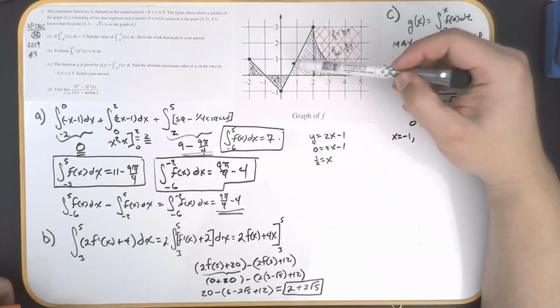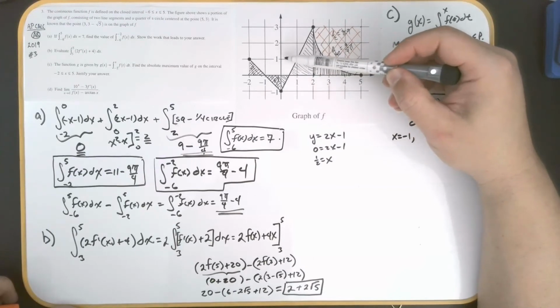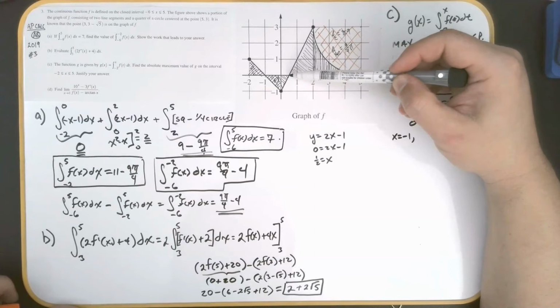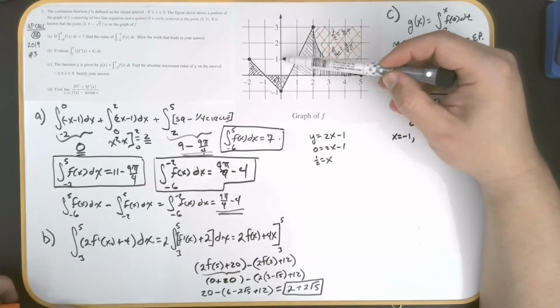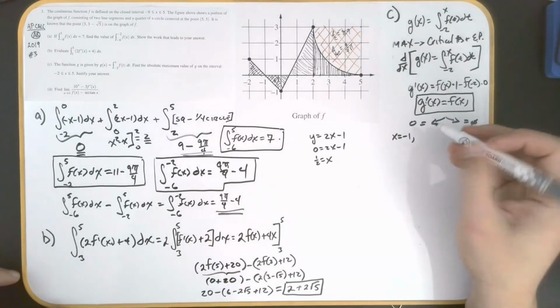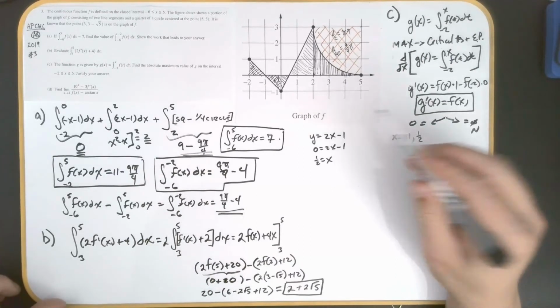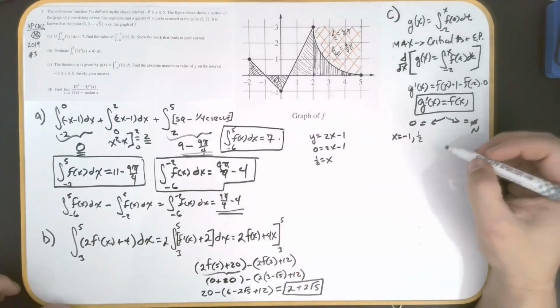Okay, and you could have figured that out also by, well, if the slope is 2, if I rise 1, I'm going to run a half. If I rise 2, I'm running 1, so there's a couple ways to get that. But either way, you get a half. And plus, now I have to check my endpoints. So my endpoints are negative 2.